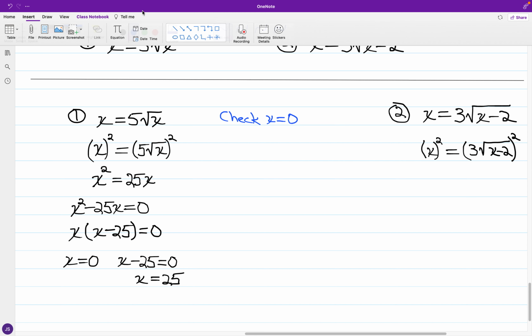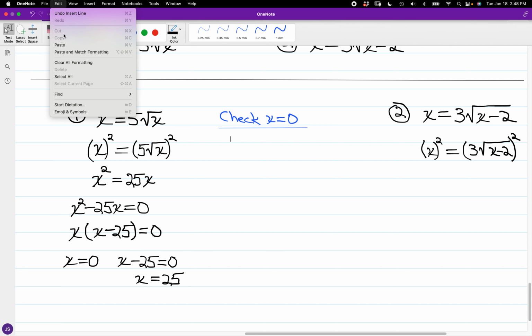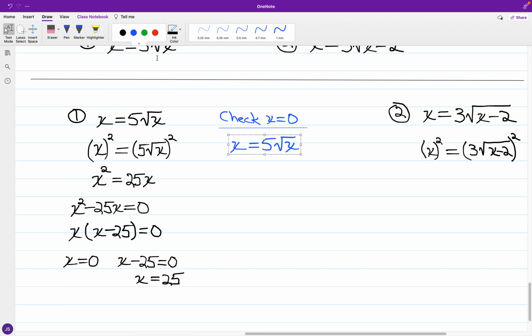And just taking what we have, we check x equal to 0. So with x at 0, 0 is equal to 5 times the square root of 0, and the square root of 0 is still 0, and 5 times 0 is equal to 0, and we do have that 0 is equal to itself.